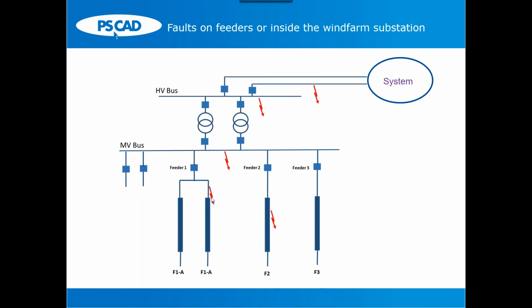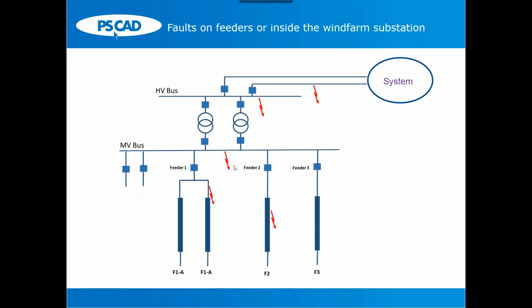For example, if the fault is on feeder 1, you have to open the feeder 1 breaker, which means both parallel collector networks would get isolated from the rest of the system. The wind turbines would not be connected to the rest of the system. They are just connected to the collector cables.